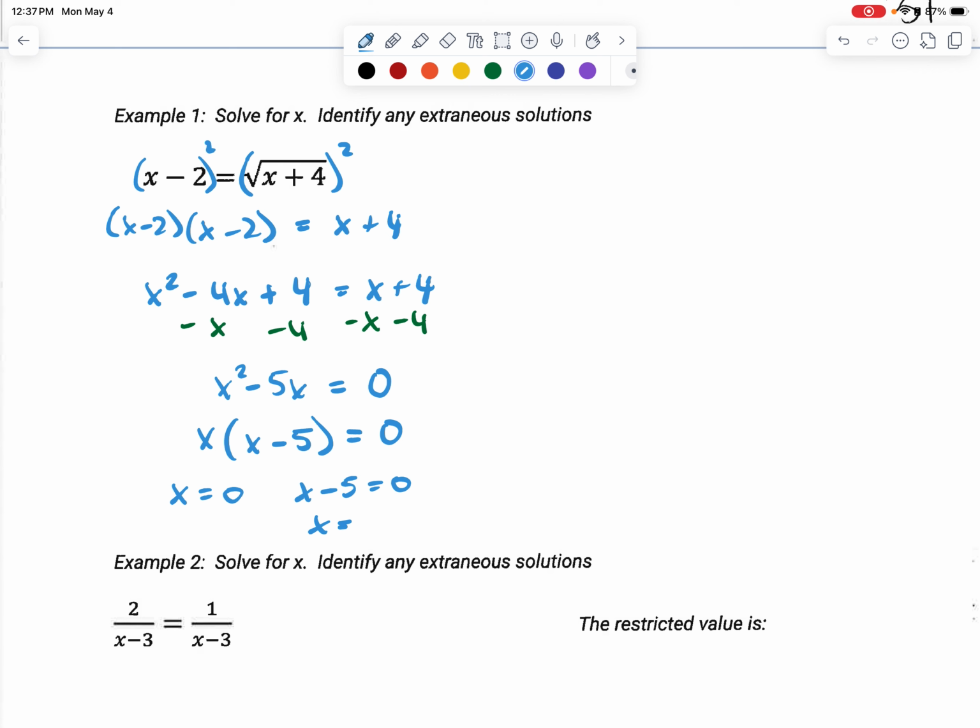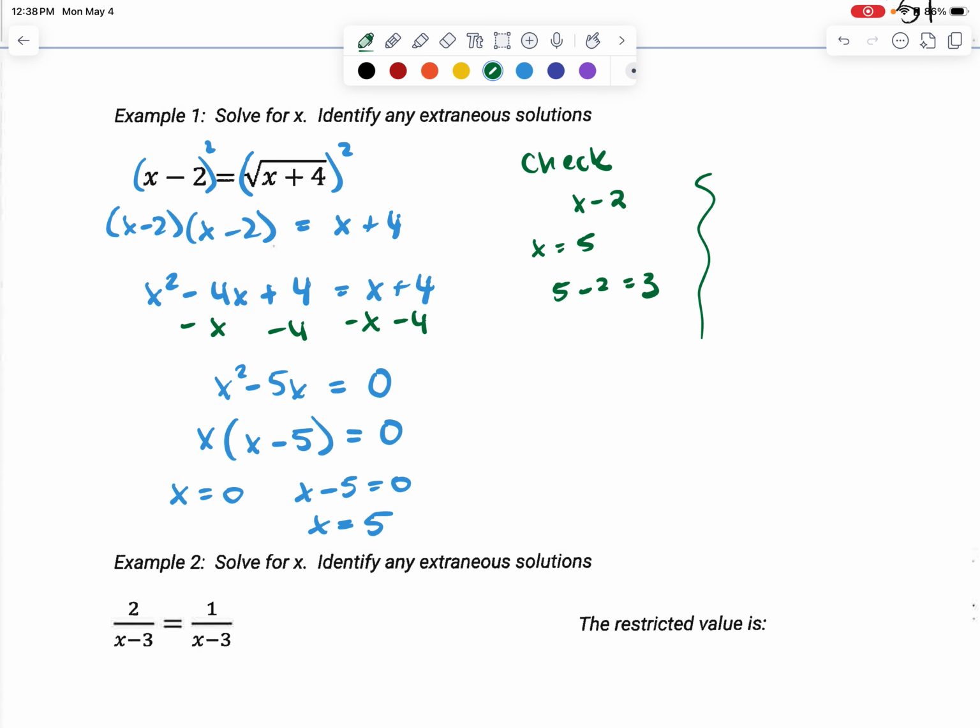The first one is just x equals 0. The second one, I have to isolate x to get x equals 5. Then we need to check to see if either of those are extraneous. So think about the left side. X minus 2 would be, if x equals 5, then 5 minus 2 equals 3.